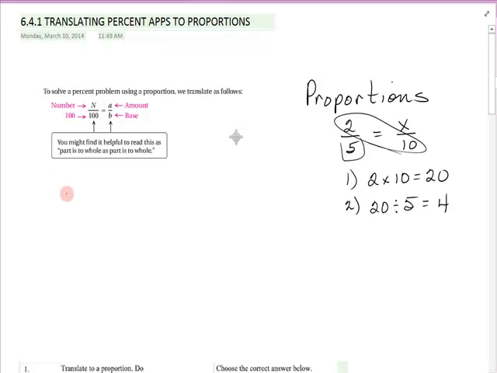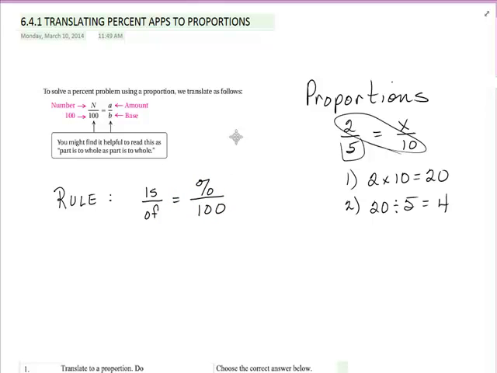So I want to give you a new way to look at these. I want you to remember that the rule is to set up this proportion: is over of equals the percent number over 100.